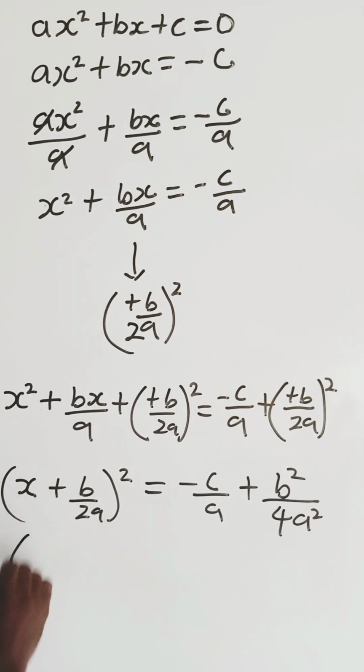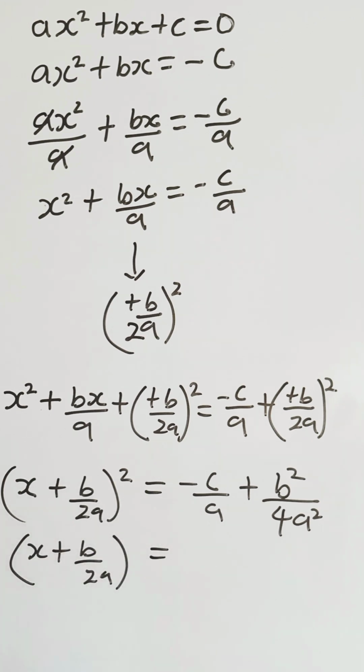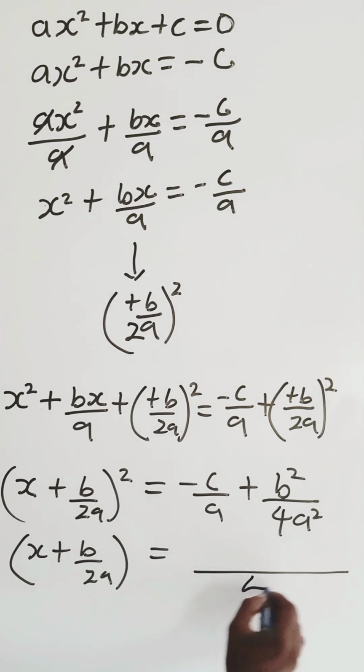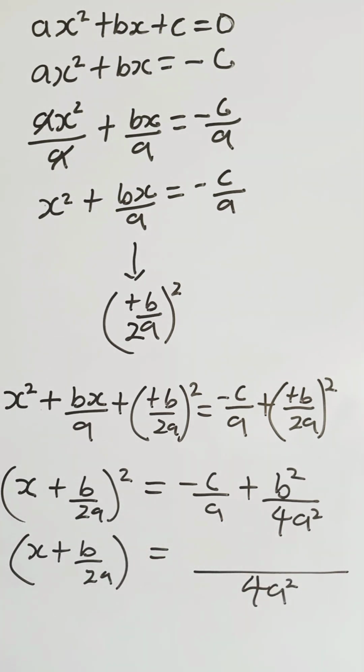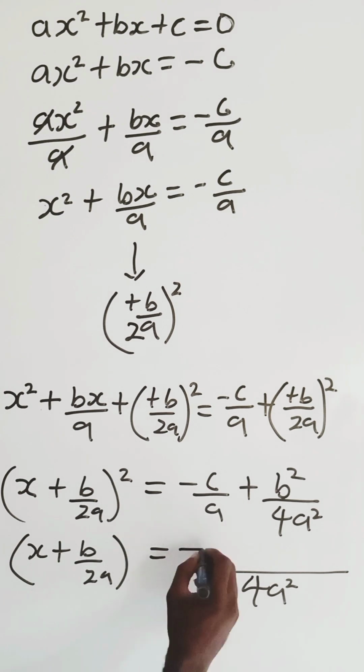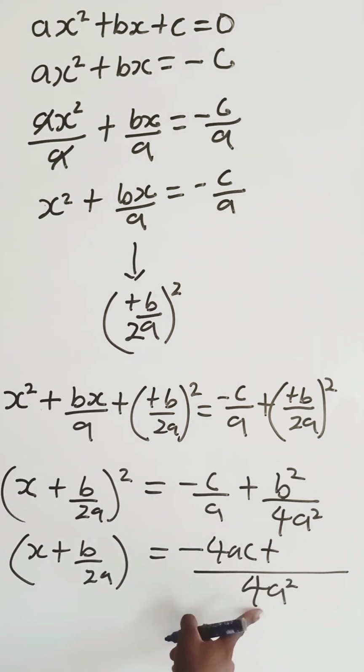Next, we write this expression x plus b all over 2a squared equals, we have to look for the LCM of the denominators. The LCM of a and 4a squared is 4a squared. Why? This is because a is a factor of 4a squared, so automatically 4a squared is the LCM. Now, 4a squared divided by a is 4a times minus c will give you minus 4ac, plus 4a squared will cancel out 4a squared.